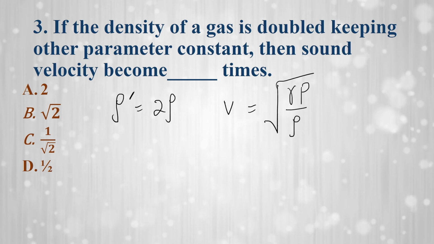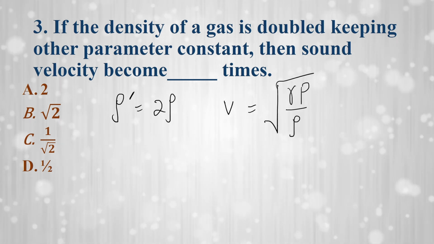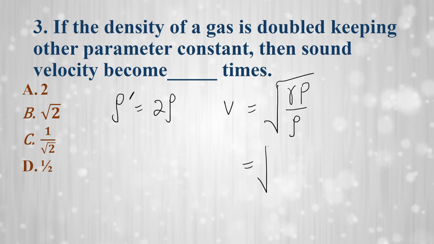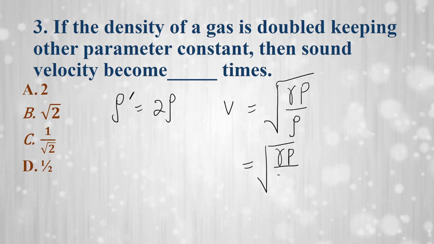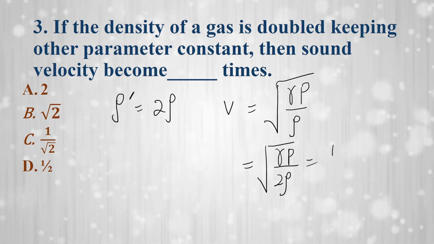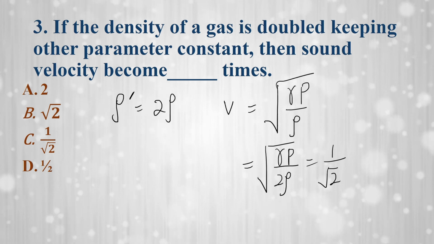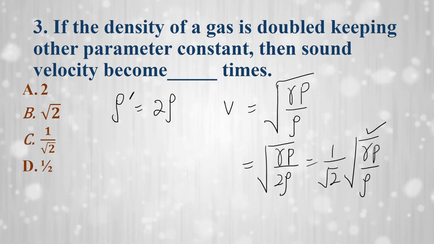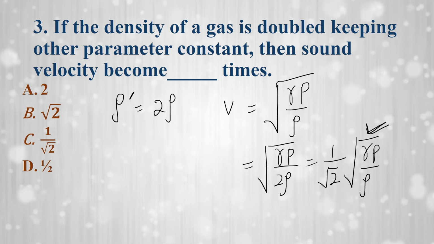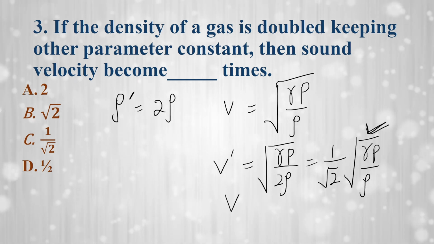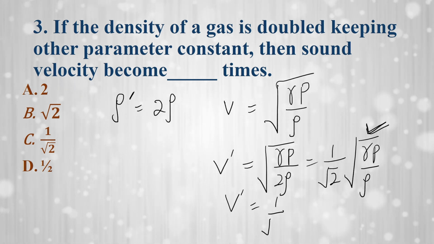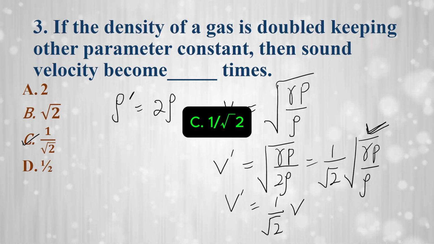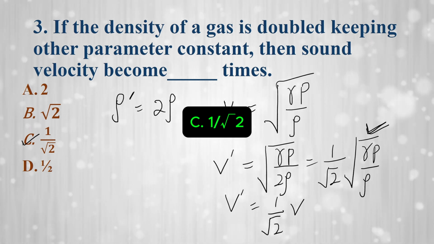This is the formula which Laplace has given. If you double the density, it is gamma P over 2 rho, and if I take 1 over root 2 on the other side and the square root of gamma P over rho separately, then it is the formula of velocity again. So the new velocity is 1 over root 2 times the previous one. So the correct option is 1 over root 2.